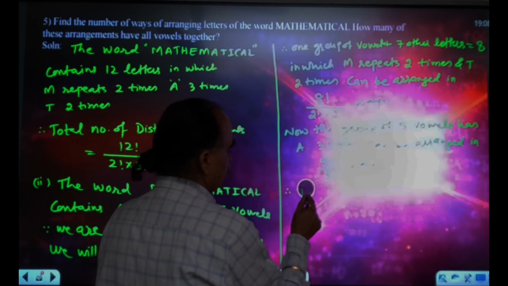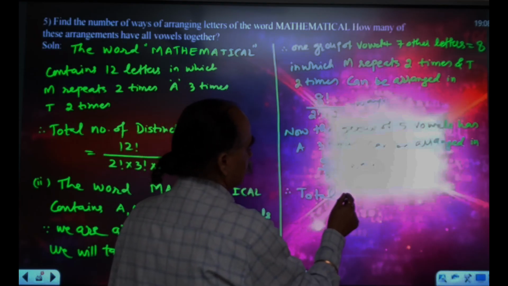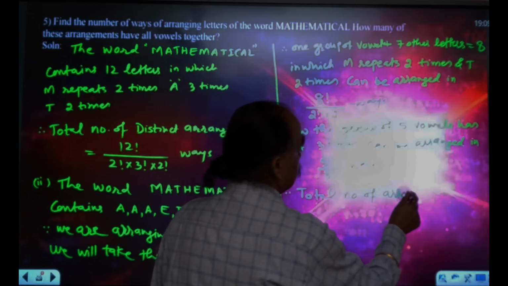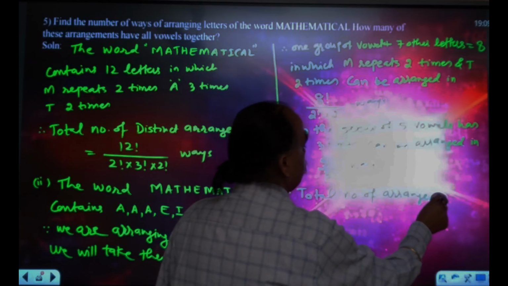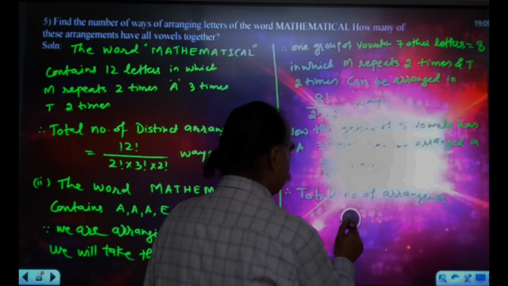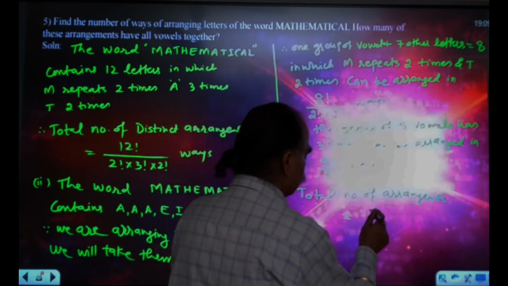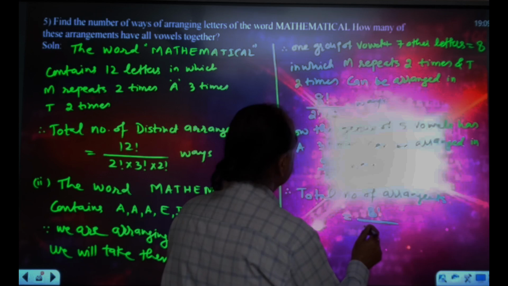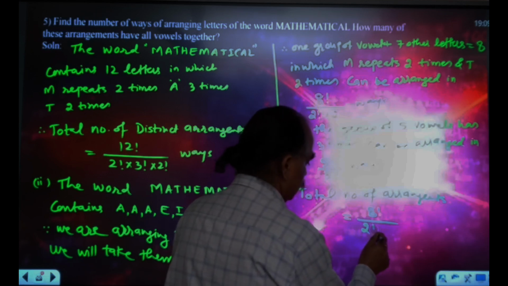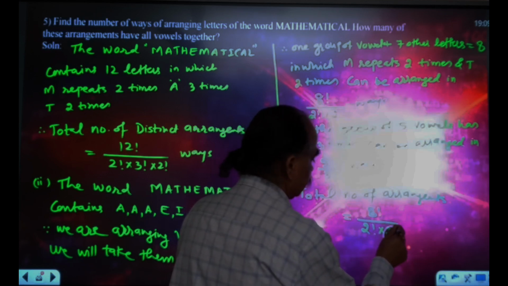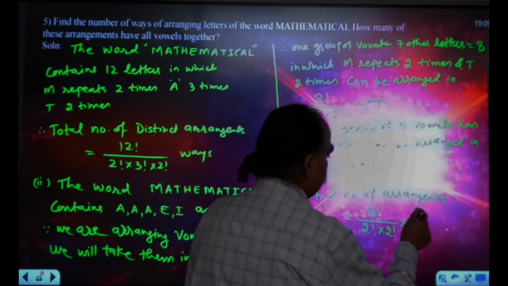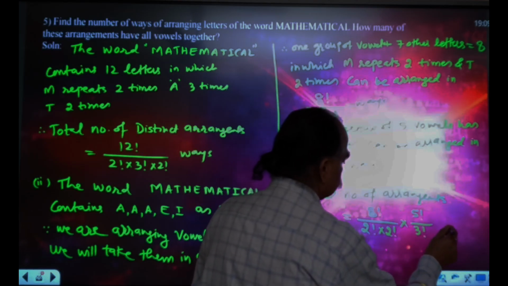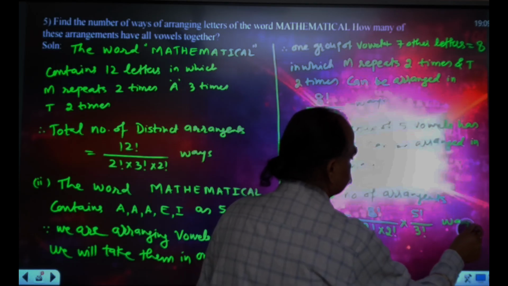Therefore, total number of arrangements is equal to 8 factorial divided by 2 factorial into 2 factorial, into 5 factorial divided by 3 factorial ways.